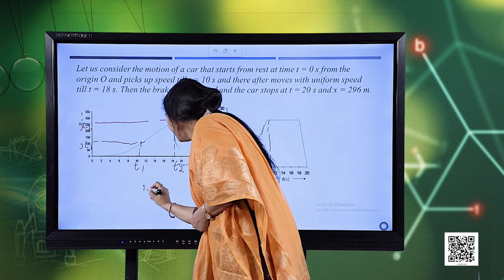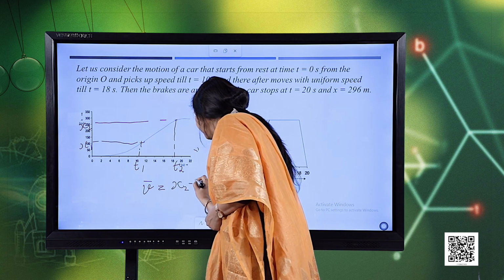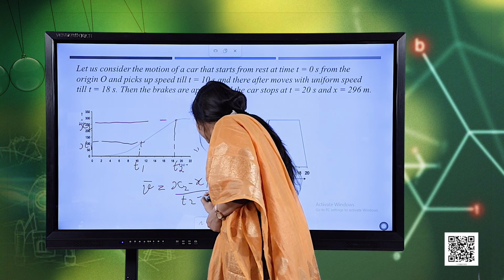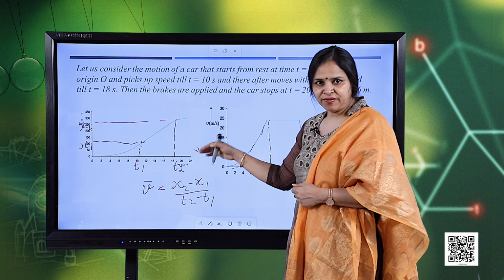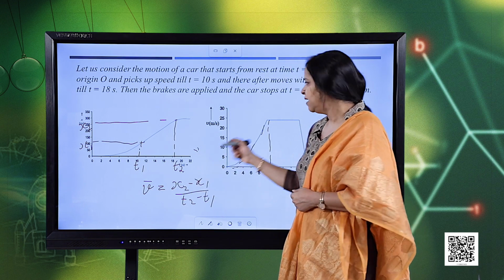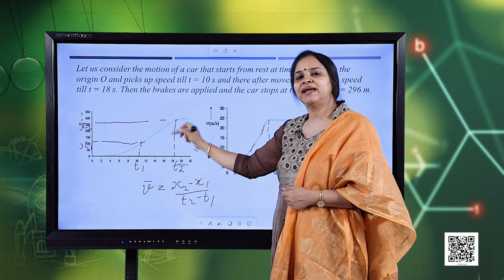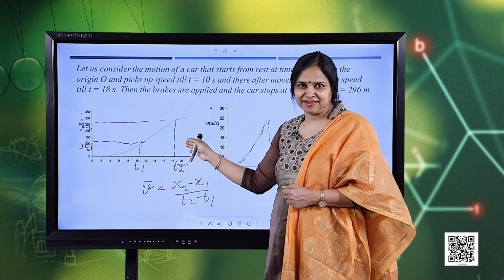Average velocity can be determined by the formula x2 minus x1 upon t2 minus t1. Now, on calculating this, we will observe that the average velocity will be the same as the velocity which we calculate by finding out the slope at different instants.